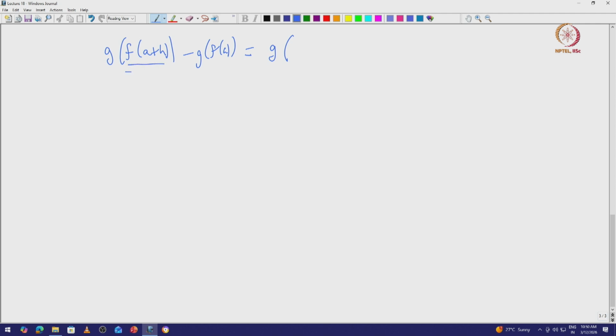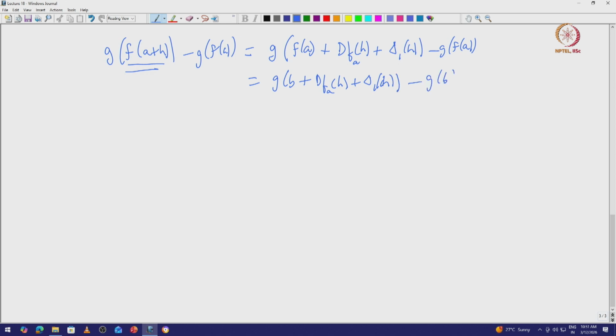What is f of a plus h? F of a plus h is of course f of a plus the derivative of f acting on h plus the error term. Yeah? So this is f of a plus h, which is g of b plus this plus the error term minus g of b.